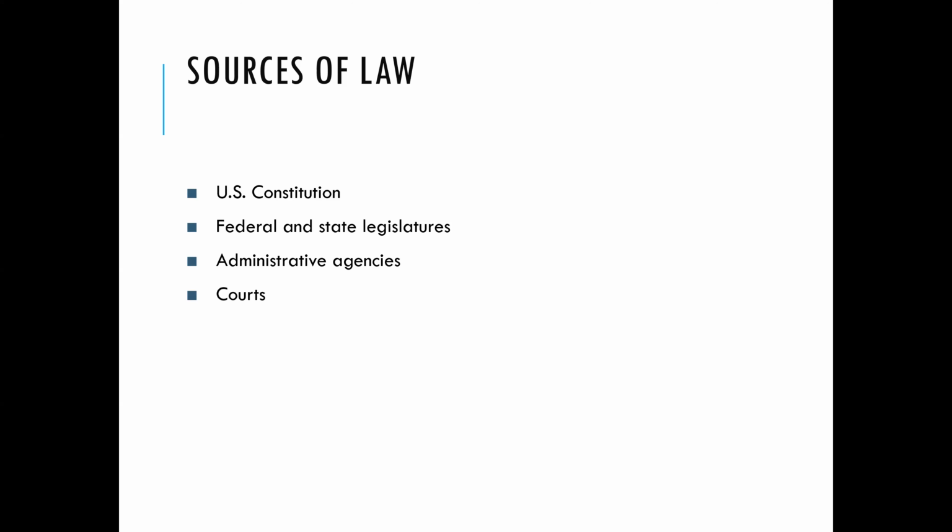And then there's administrative law. Remember, we just talked about statutory law. Now we're talking about administrative law. This refers to the laws that govern the activities of administrative agencies. Administrative agencies are created at the federal level by Congress and at the state level by its legislative bodies.